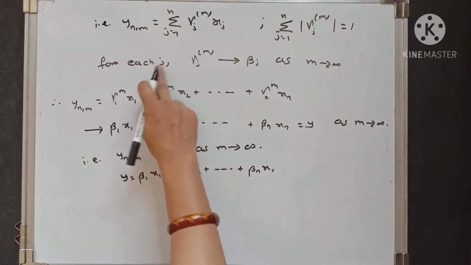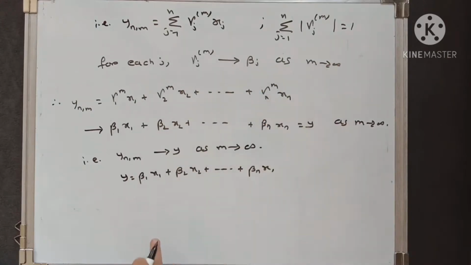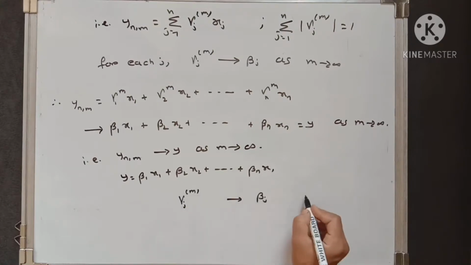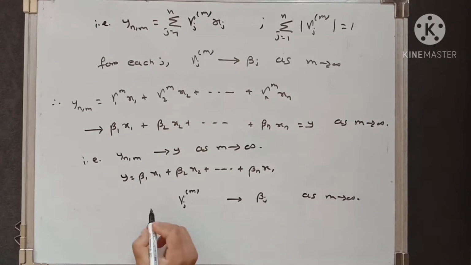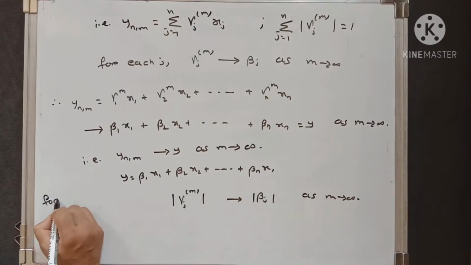For each j, gamma jm converges to beta j as m goes to infinity. That means gamma jm converges to beta j as m goes to infinity, and therefore mod of this converges to mod of beta j for each j.